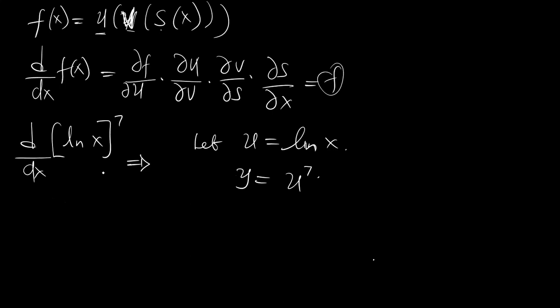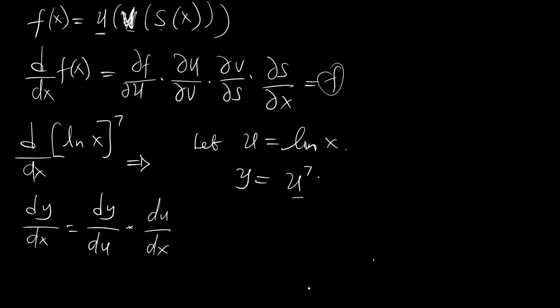Now the derivative of y with respect to x will be the derivative of y with respect to u times the derivative of u with respect to x. This is the chain rule.